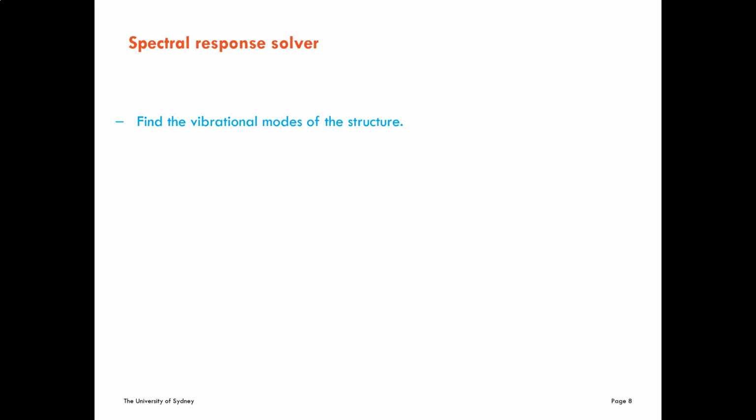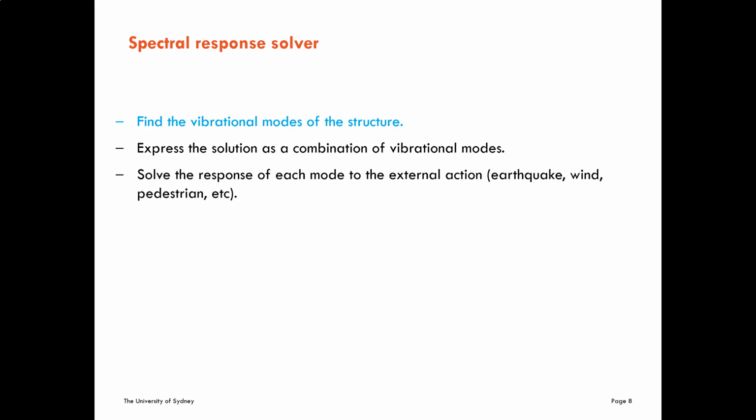The first step of this spectral response solver is to find the vibrational modes of the structure. Then express the solution as a combination of the vibrational modes, and then solve the response of each mode to an external action that can be an earthquake, a wind load, a pedestrian load, etc. And then we superpose the response of all modes, and we have the spectral response solution.